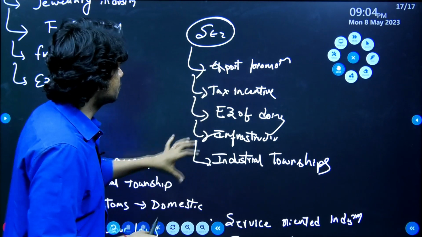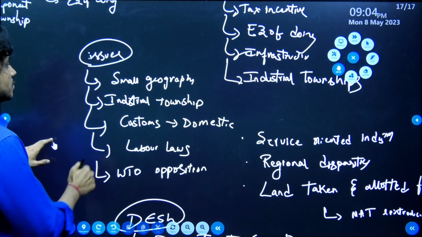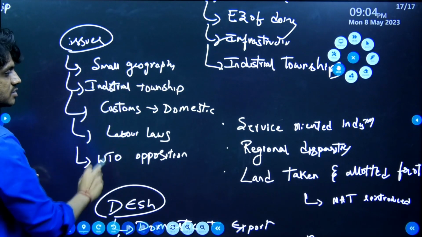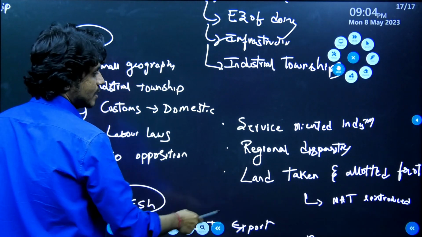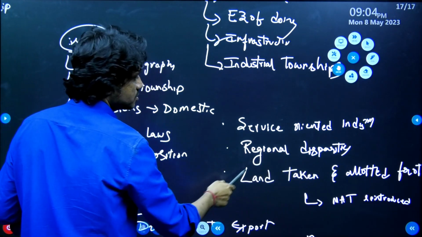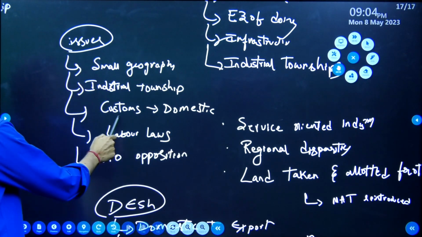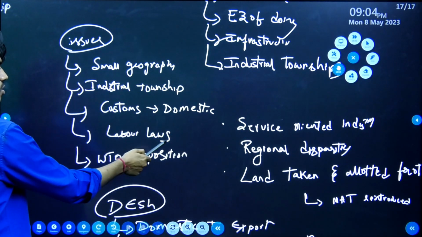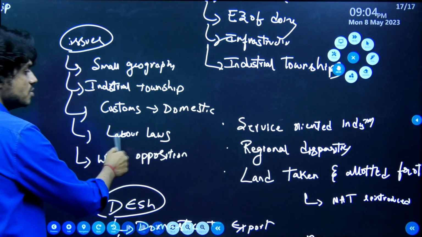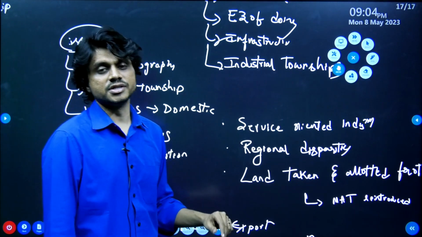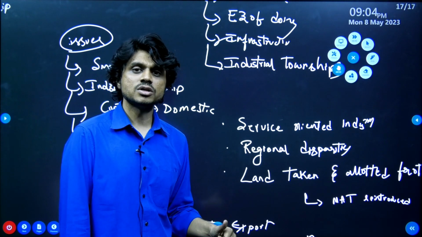So these SEZs faced severe problems: small geographical size, regional disparity, land taken and allotted for different purposes, MAT was reintroduced, service oriented industries were attracted, customs duty was applied, labor laws were strict, and the WTO also opposed these SEZs. Why did they oppose?